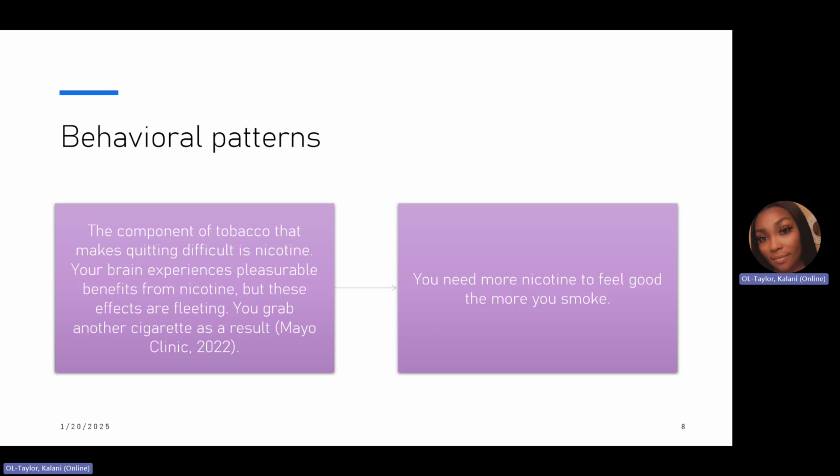Of course, tobacco is a chemical, so it makes you experience an increase in pleasurable feelings when you're smoking, and it makes it difficult to quit. So the more you smoke, the more you feel like you need to smoke.